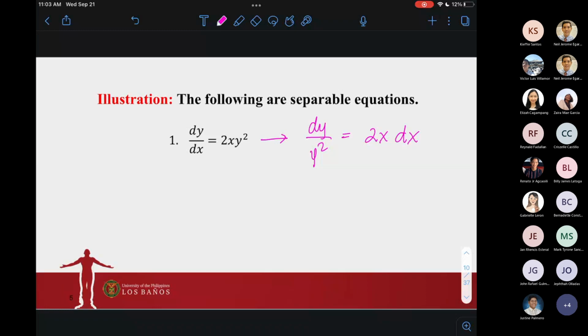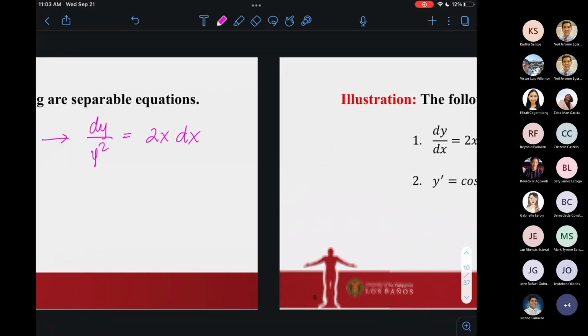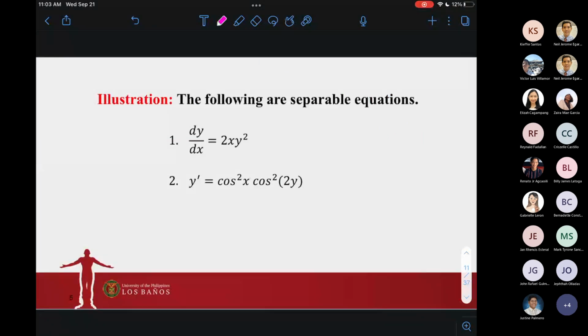Okay? Next one. y prime equals cosine x times cosine squared 2y. Ito, medyo kumukomplikado na siya. Pero in any case, first, I'll write y prime, sulat ko muna siya as dy over dx. Tapos meron akong cosine squared x times cosine squared 2y.